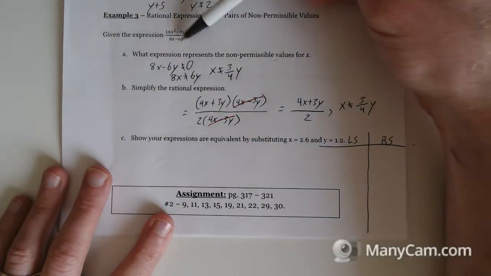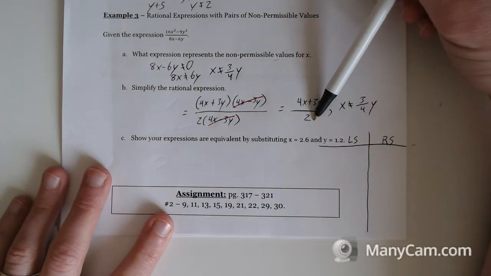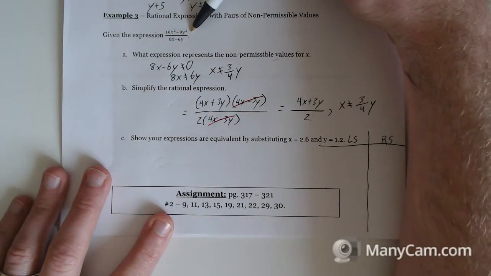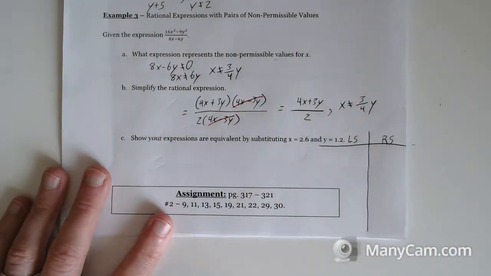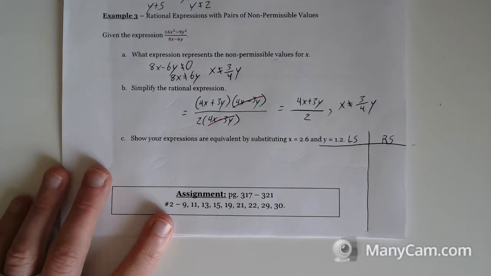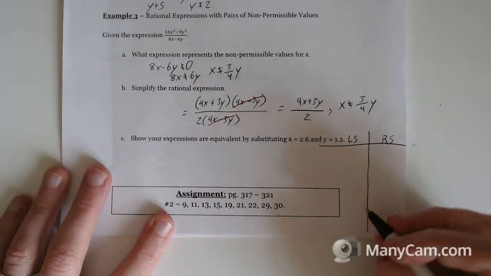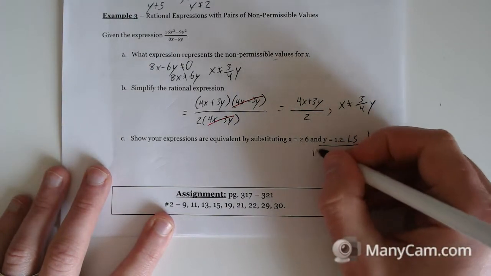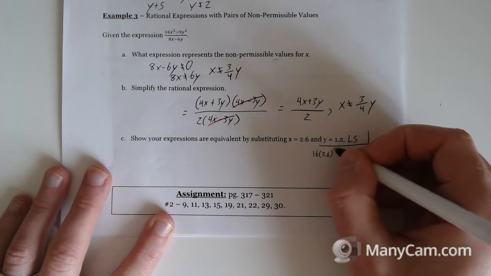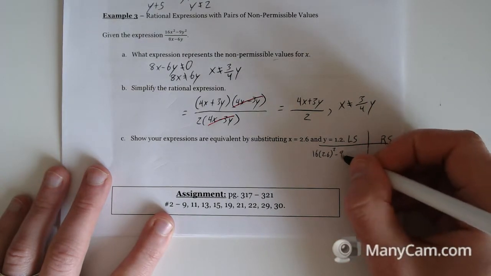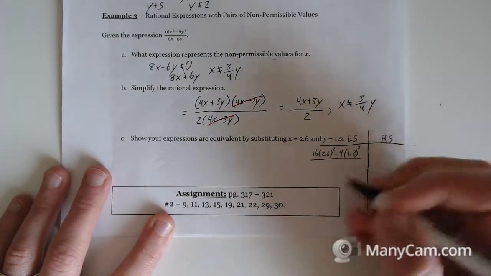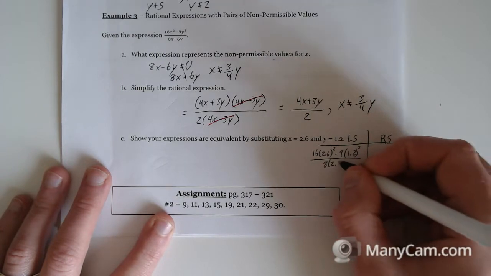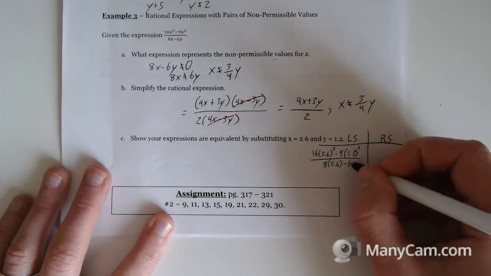If I set these two things equal to each other, and the first step maybe I move the 2 up to multiply the top, that already wouldn't be allowed. All I've done is proven it's equal if I assume it's equal. You're not allowed to assume it's equal if you're trying to prove it's equal. So you actually have to break it down, do each side individually. So on this side, we're going to end up with 16 times 2.6 squared minus 9 times 1.2 squared all over 8 times 2.6 minus 6 times 1.2.